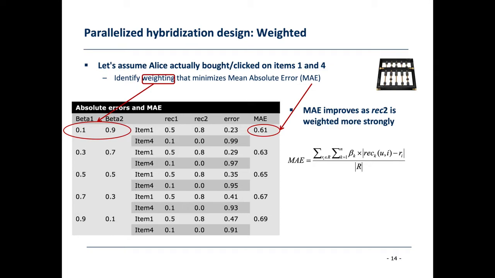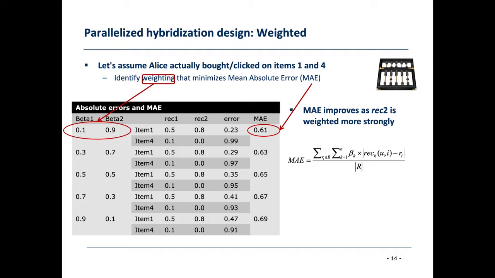is just looking at the error which would be produced by using those weighting values and the recommendation that the combined system would produce, which is R sub i, and the recommendation which would actually be produced by the individual recommender, which is rec sub k for the user of a particular item.